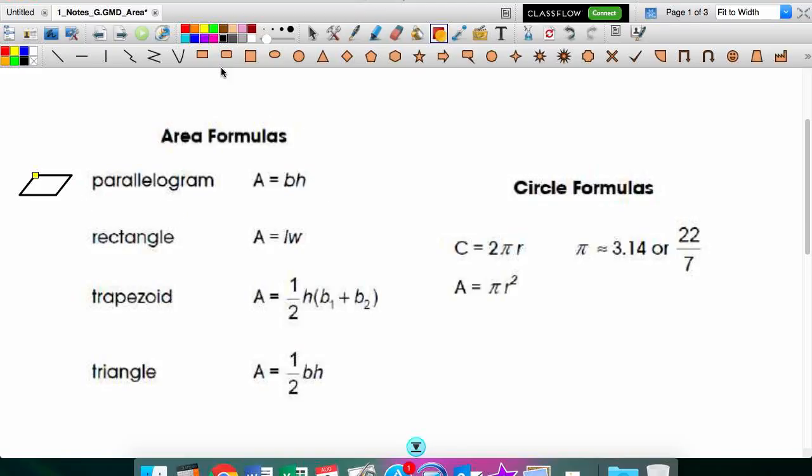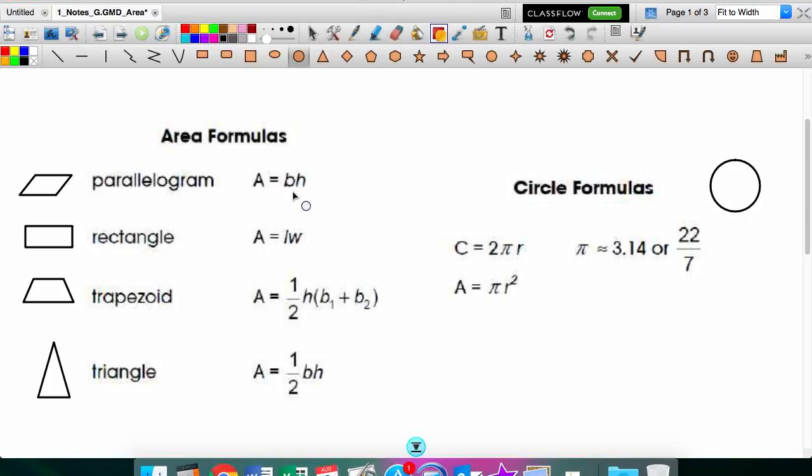Then we have a rectangle, a trapezoid, and a triangle. Okay. So those are your basic shapes. And then, of course, we have a circle, and if you want to sketch a circle, you can. There's our basic circle. All right, so let's talk about each one of these formulas just really briefly here.